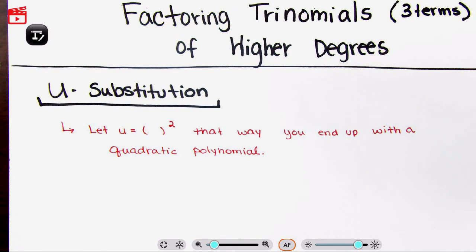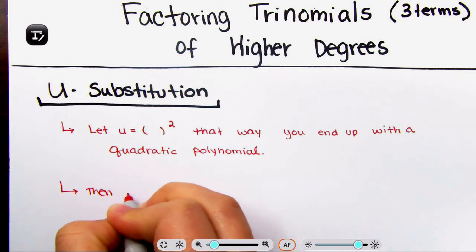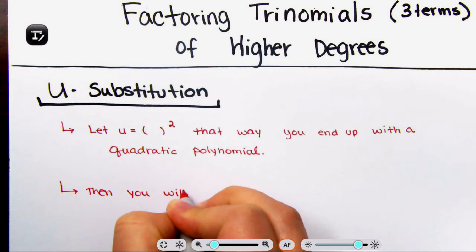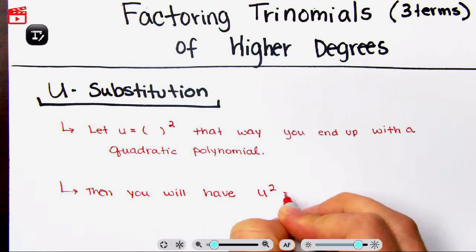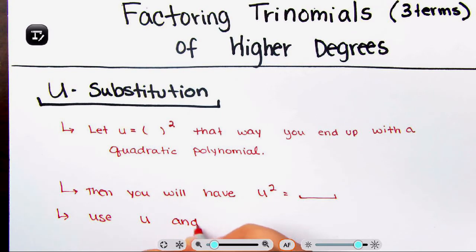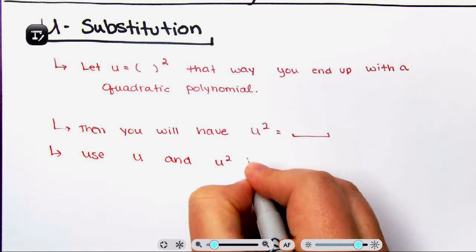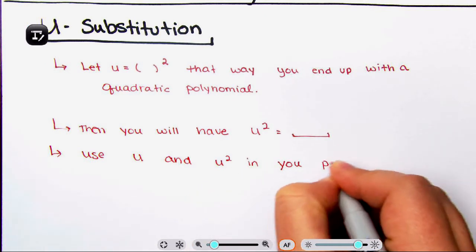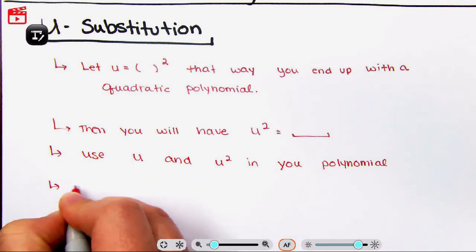Once you set a bubble squared equal to U, you're going to have U squared equal to something, and you're going to use U and U squared in your polynomial. And then you're going to factor as usual.